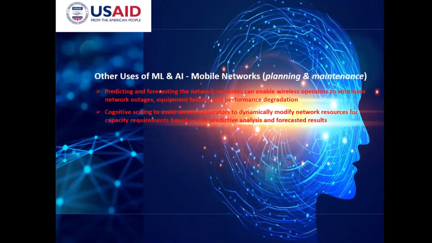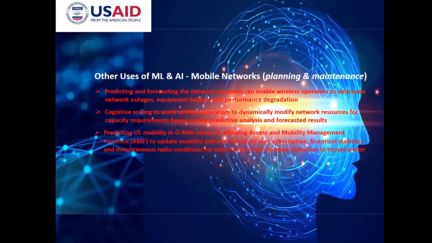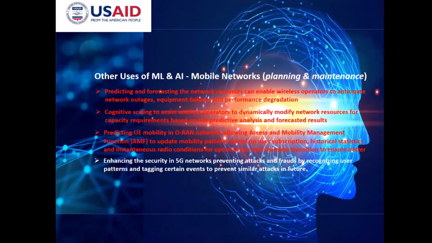And it will be able to predict failure and degradation of the equipment for the whole end-to-end network. And that would provide a good user experience for everyone that is subscribed to your network. And it will also enhance the security of your mobile network.